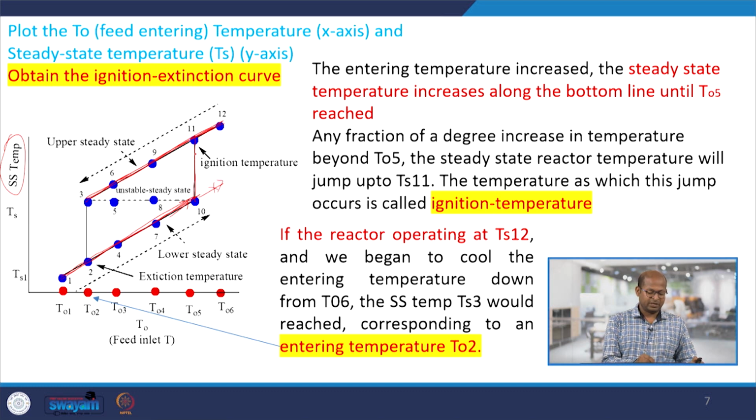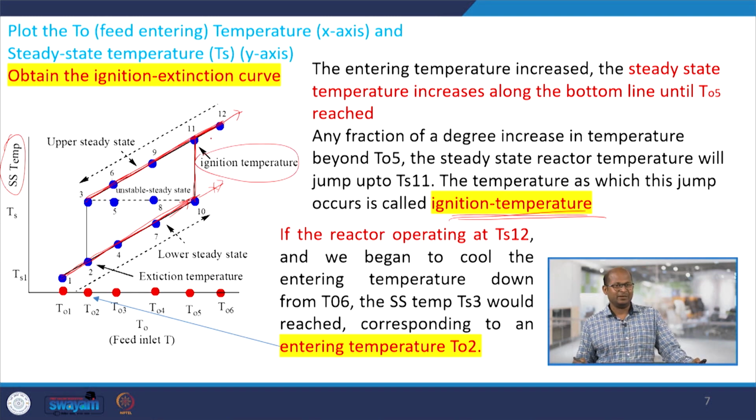There is a sudden jump of the steady state temperature from 10 to 11, and after that it goes like this. Point 11, the sudden jump of temperature inside the reactor, is called the ignition temperature. This temperature TS11 is the ignition temperature.